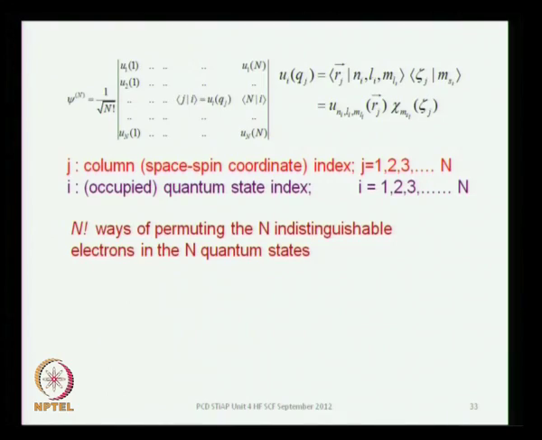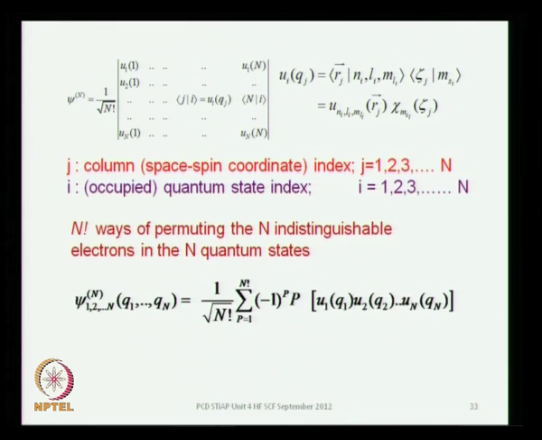Now, there are n factorial ways of permuting these n electrons in n quantum states, and that is what the determinant represents, and you can write this as the permutation operator operating on this direct product of these n single particle states.